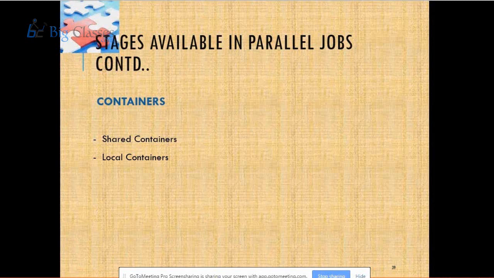You can design a container, put a reusable component in it, and call the same container from different jobs. So it helps you create a job that can be reused by multiple users or multiple jobs. Business logic which is repeated again and again, you can put in a container.